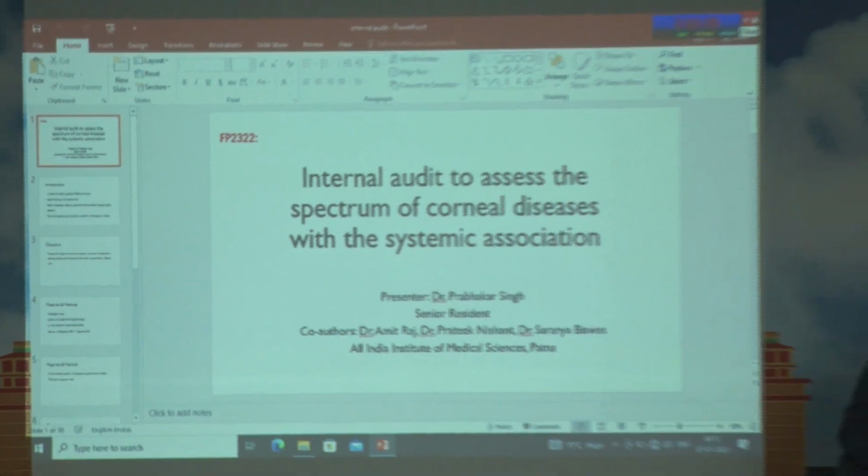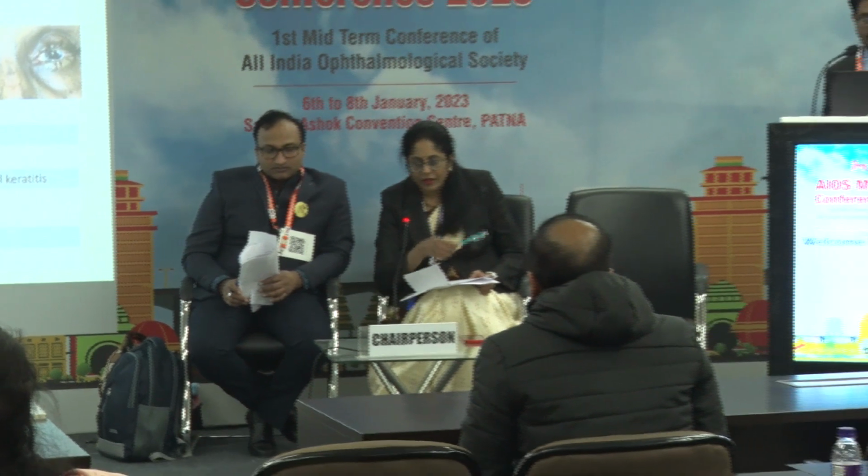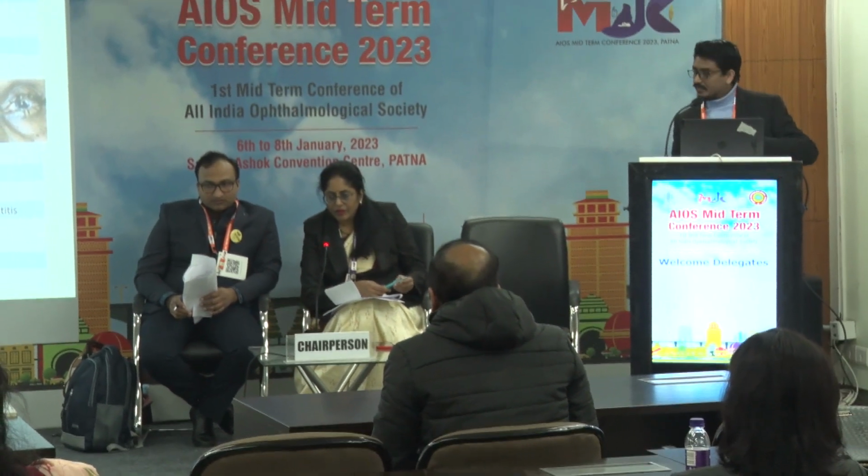Prabhakar, good study. Did you look at the cases in a reverse way, in the sense that of the patients who presented to you, how many did the hospital detect to have a systemic problem? Yeah, of the list that I had shown, not all patients were diagnosed retrospectively. Patients with SJS were referred to us. Similarly, patients with GVHD were referred to us.